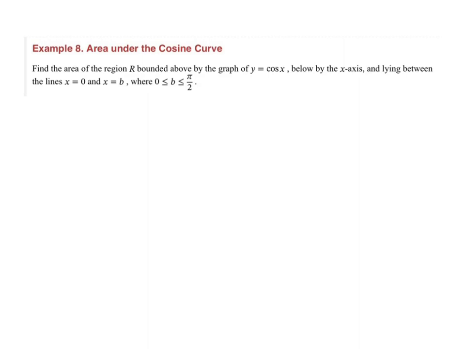It wants only below the x-axis, right? So we can do intervals of where cosine is negative? We could. It wants the area below the x-axis and lying between the lines x equals 0 and x equals b. Here's what I think. I think we should look at cosine as a picture.